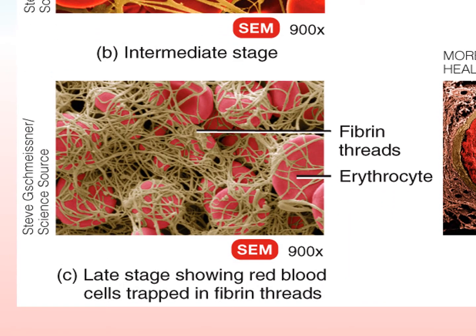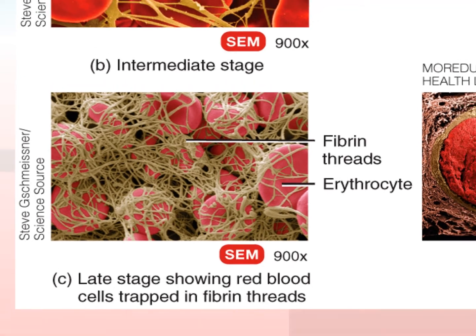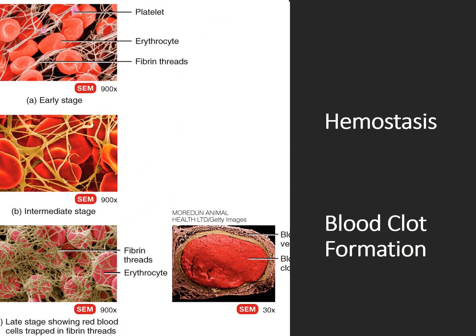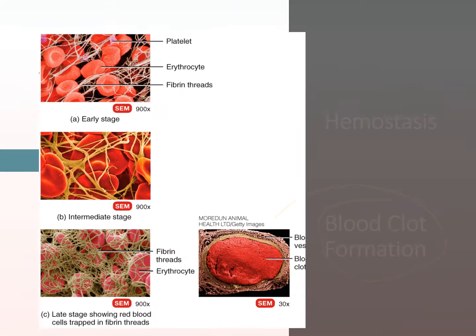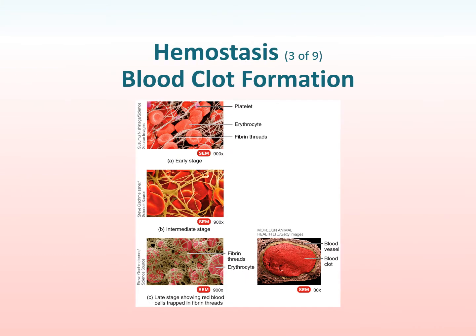The late stage showing the red blood cells trapped in the fibrin threads looks like a spider web. And from a distance, you notice this blood clot right there. You can see it with the naked eye. You need a microscope to see the red blood cells, but you do not need a microscope to see a blood clot.